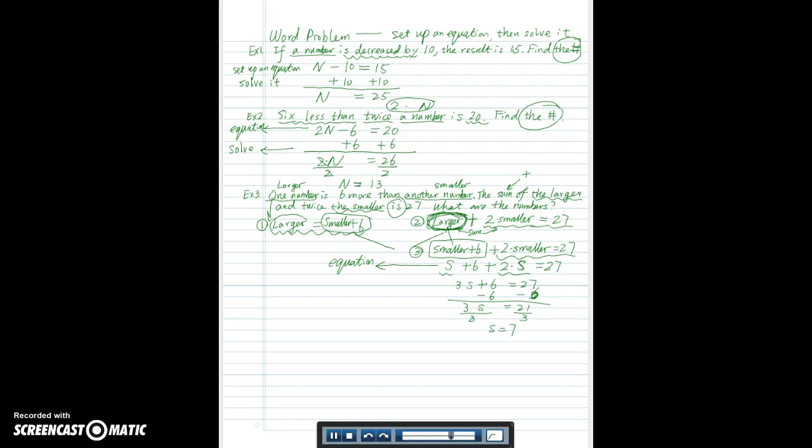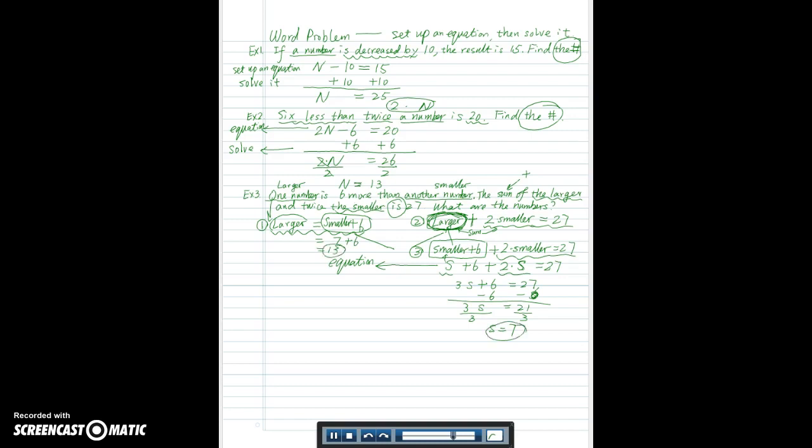And we know S here represents the smaller. We still have to find the larger. How do we find the larger? We go back to our equation 1, the first sentence. It says clearly the larger one can be obtained by adding 6 to the smaller. So we add 6 to the smaller, 7, and we get 13, which is our larger.